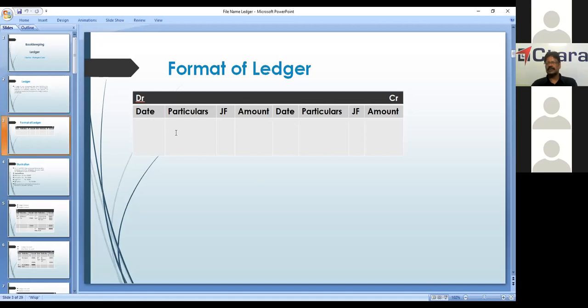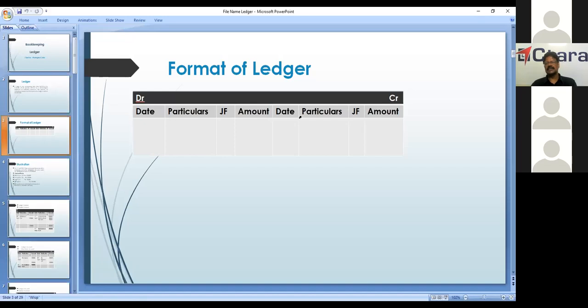The type of account to be debited is written under particulars, and then journal folio. This is the reference of the journal, the transactions which we entered in the journal. That is not significant now. And then the debit amount is entered here.